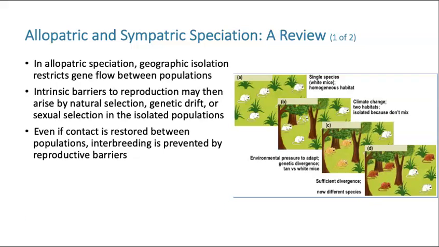So that's important. And I usually think about allopatric speciation as geographic isolation happening first, followed by accumulation of mutations that cause these intrinsic barriers to form.